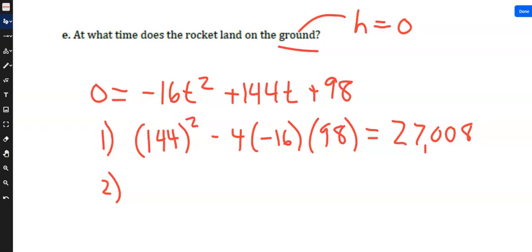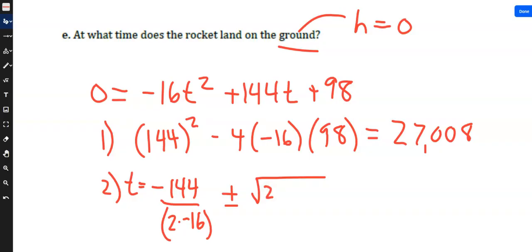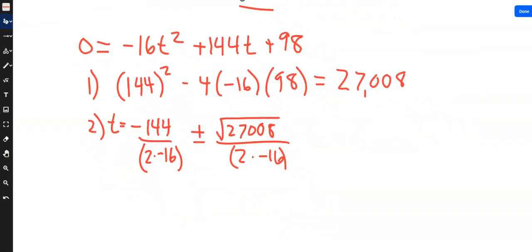Okay, so step 2 is the opposite of b. Instead of saying x, I should probably say t, just because it is time, equals the opposite of b over 2 times negative 16, plus or minus the square root of 27,008 all over 2 times negative 16, which is the 4.5 plus or minus.